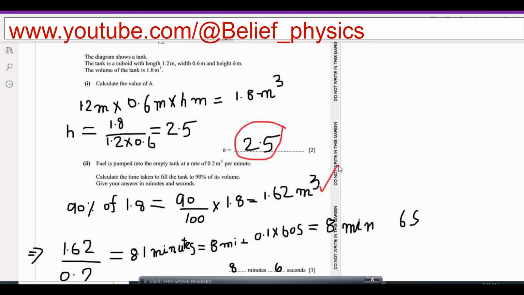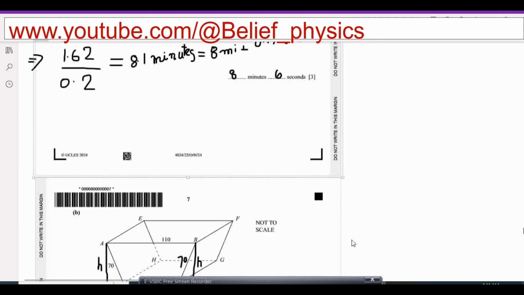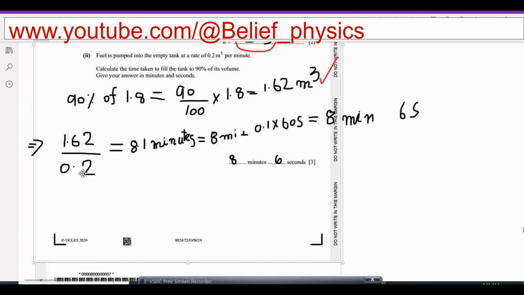This is the volume. So we have to find the time. Time is total volume divided by the rate. Rate is 0.2 meter cube per minute. So we divide 1.62 over 0.2. It gives you the answer in minutes, and we divide it to give 8.1 minutes. We have to convert it into minutes and seconds. So 8.1 means 8 plus 0.1.